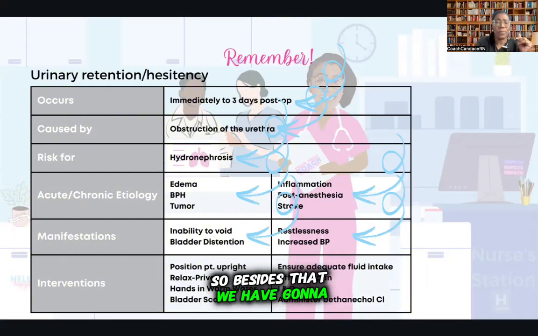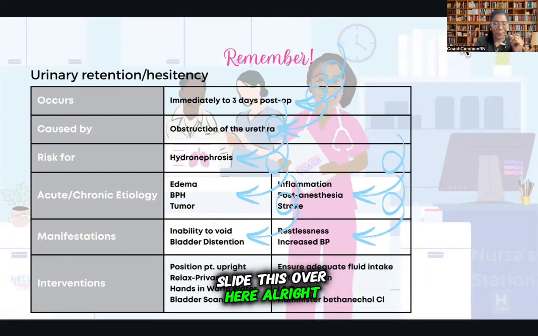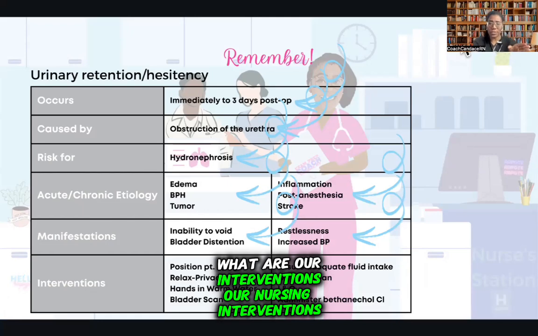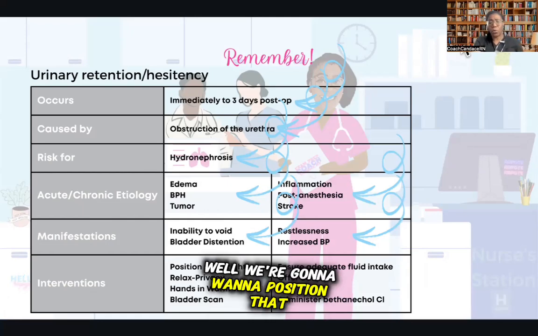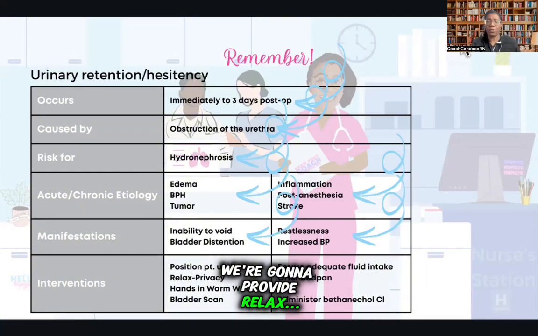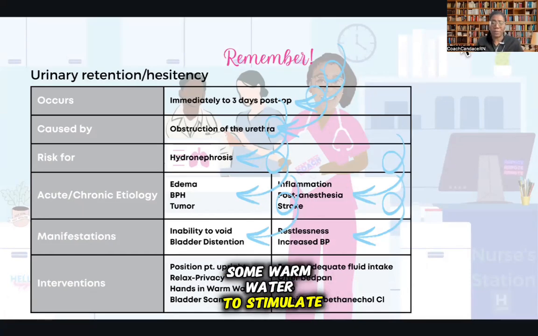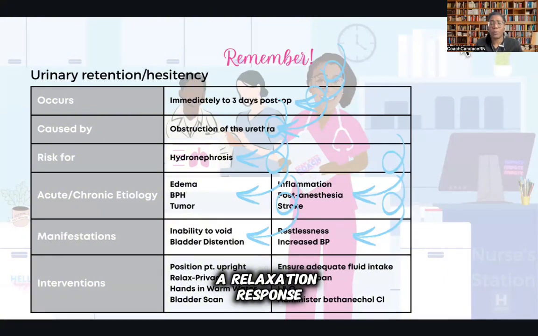All right. So besides that, we have, I'm going to slide this over here. All right. What are our interventions? Our nursing interventions? Well, we're going to want to position that patient upright. All right. We're going to provide privacy so that they can relax and relax the sphincter there. All right. Hands in warm water, that technique where you put the fingertips in some warm water to stimulate a relaxation response.